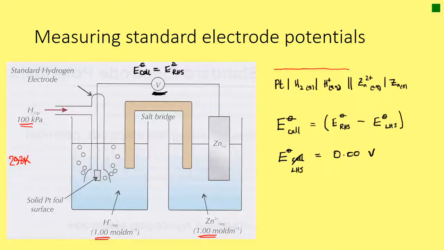We've got a solid electrode and aqueous ions, so we need a vertical line there, and that completes the standard representation of this cell. And in fact, when you're measuring standard electrode potentials, the standard hydrogen electrode is always written on the left hand side.